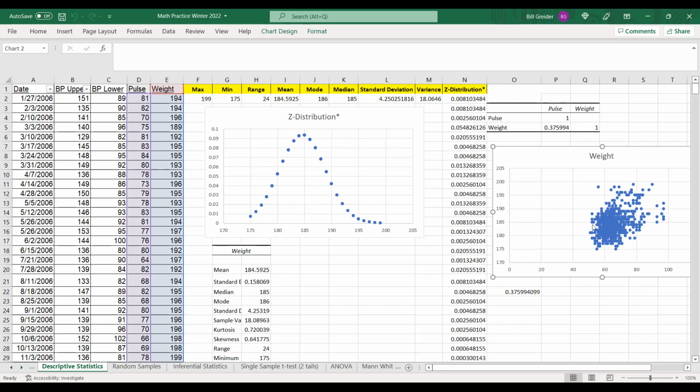I think we could all agree that looks like either a weak positive correlation or none. In other words, it doesn't matter what my pulse is or my weight, but there is in fact a weak positive correlation here. You can kind of see that things are trending north, northeast a little bit, but very weak.